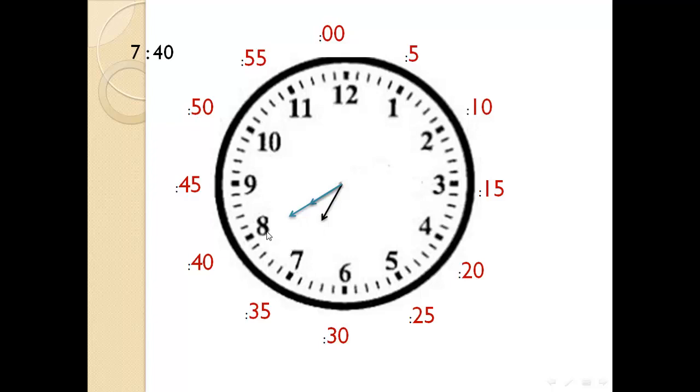I'm not reaching 8 now. So the time is 7:40. The short hand indicates 8, but the long hand indicates how many minutes? 40 minutes. So I write 40 minutes. The problem here is in the hour. I'm not reaching 8, I am still in the region of 7, so the time is 7:40.